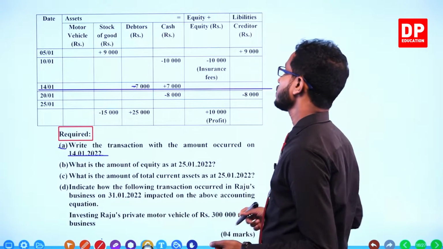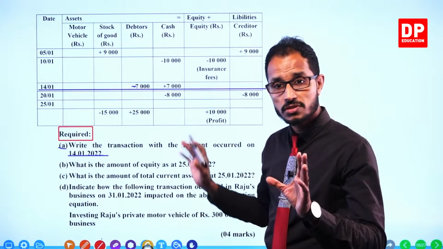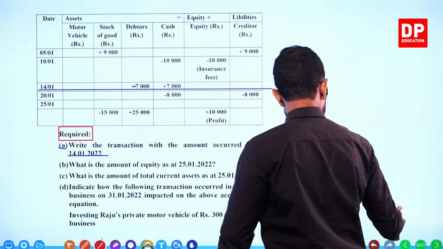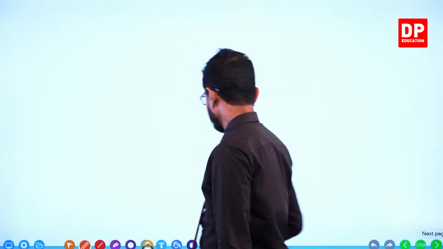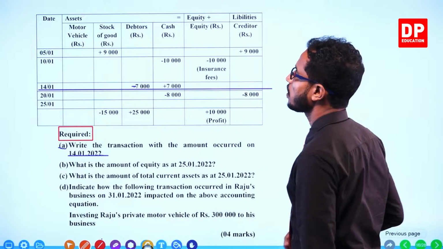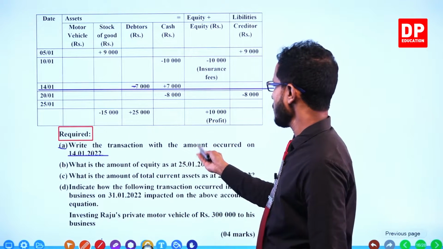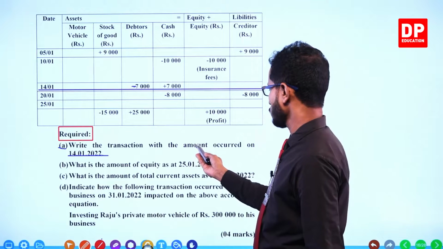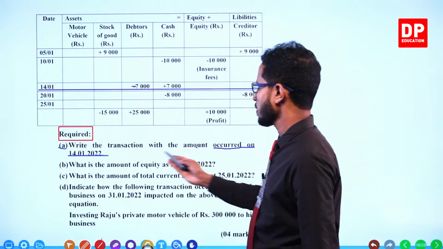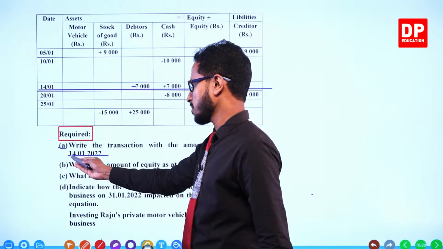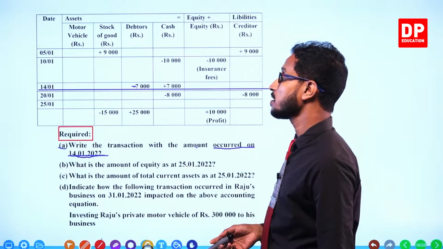Okay, let's take a blank page, answer the questions. Yep, we have a blank right here. Now, first of all, children, we need to write the transaction with the amount occurred on 14th January.